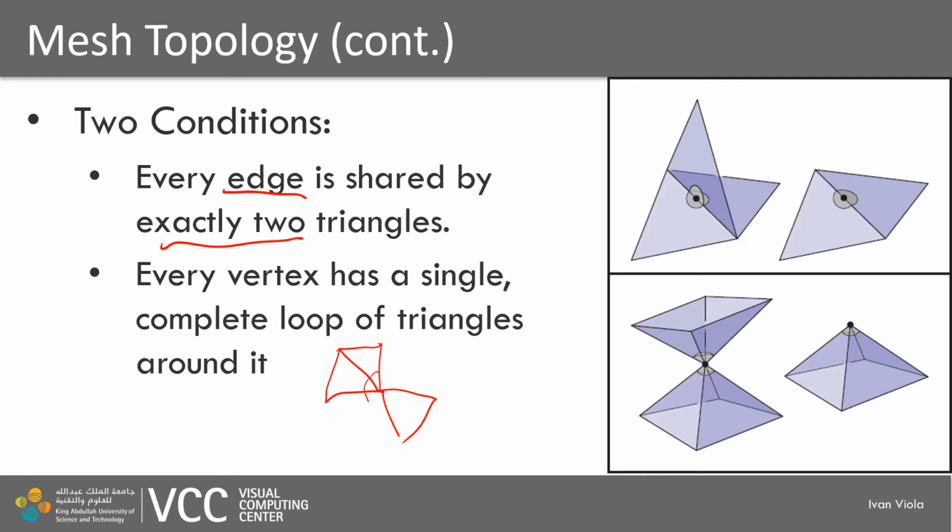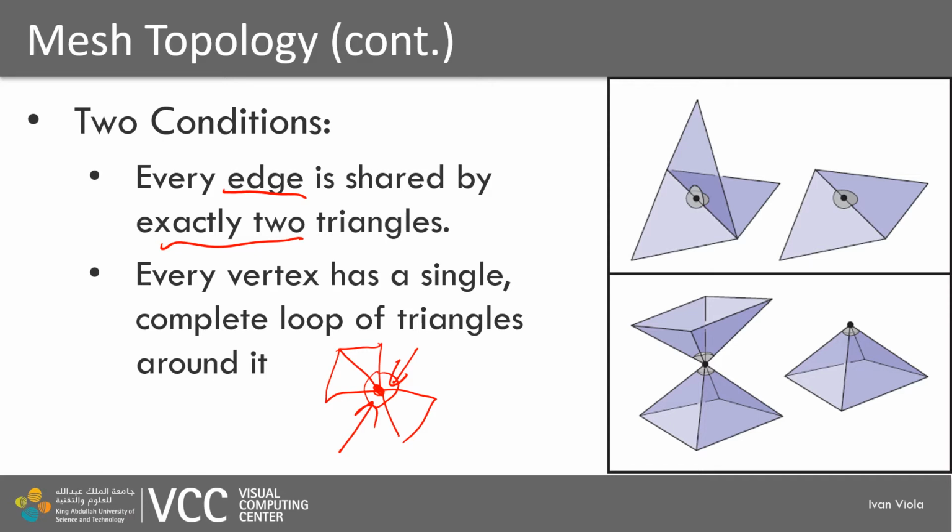So this vertex here will not have a single complete loop of triangles because there is a missing space here, and therefore this mesh will not be a manifold, even if otherwise all the other conditions are fulfilled.